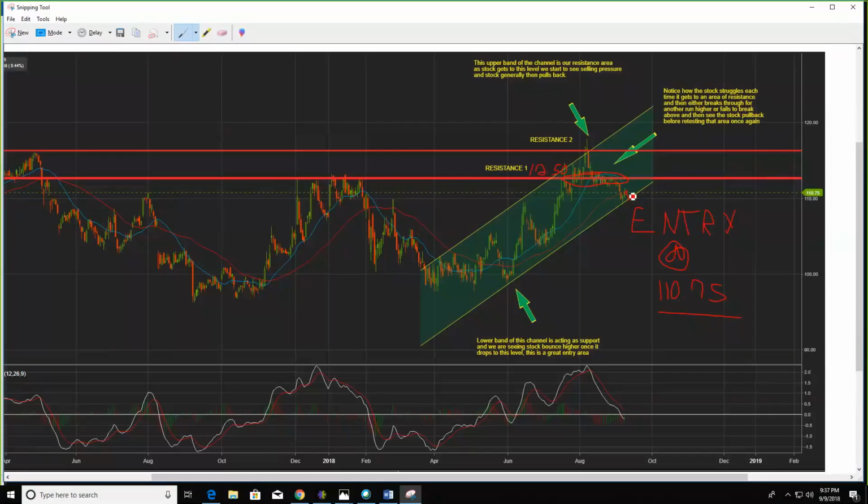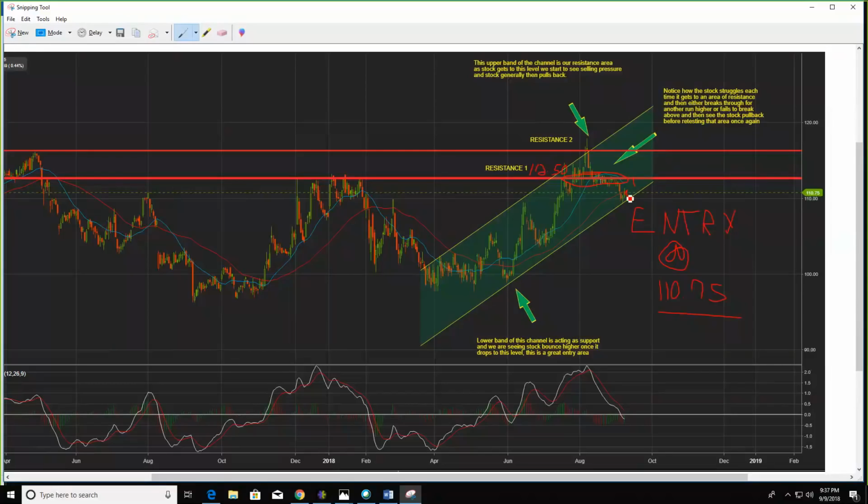If you enter into Disney and it struggles, like I said, if it gets up to that 112.50, you see it struggle, and then the next day it has a red candle and starts to come back down, that's when you want to exit the trade, take your profits. It might be a small profit, a decent profit, depending on what strike and expo you get, but you're still going to have a profit from 110.75 entry up to that 112.50 first resistance area.